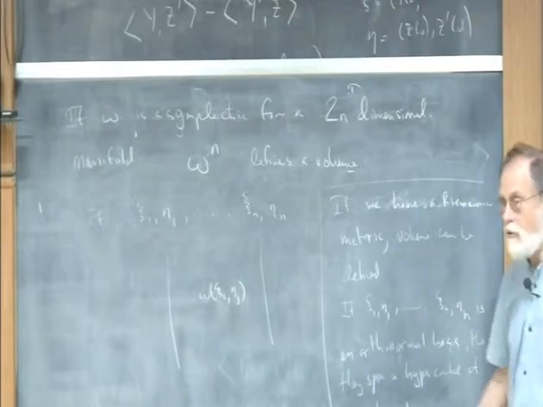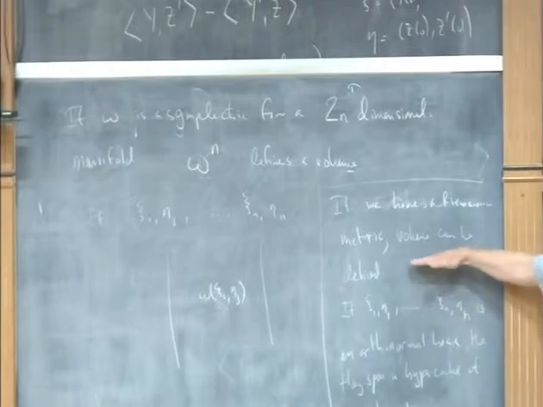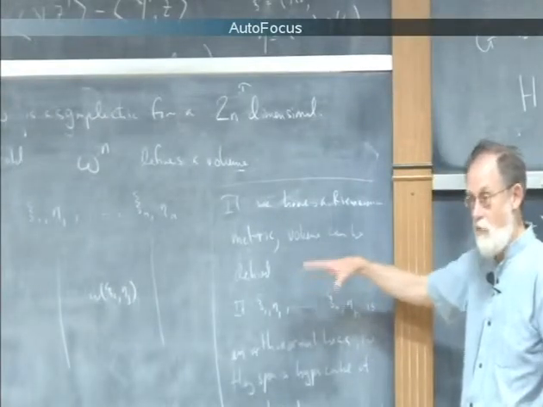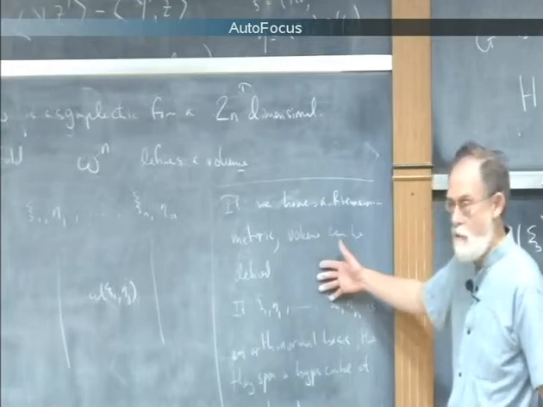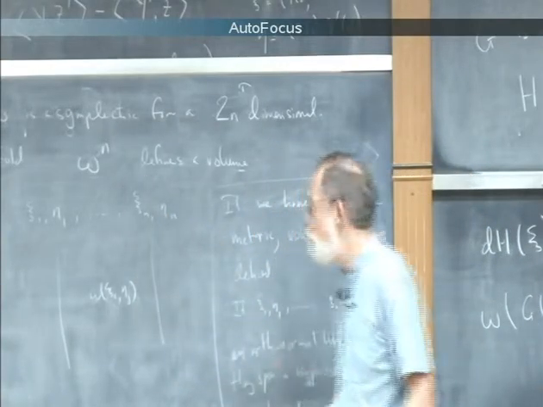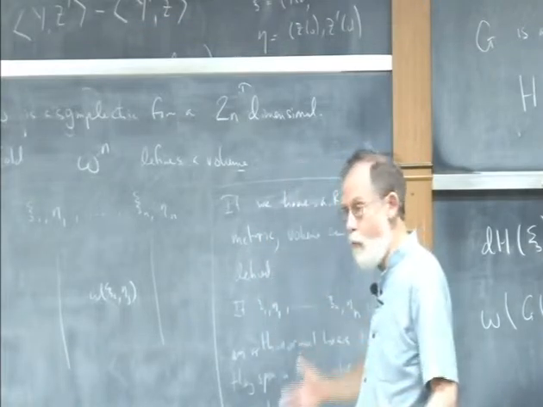One thing we could do is take the Sasaki metric, take the notion of volume that it defines, and I claim that it is the same as the one defined by the canonical symplectic form.